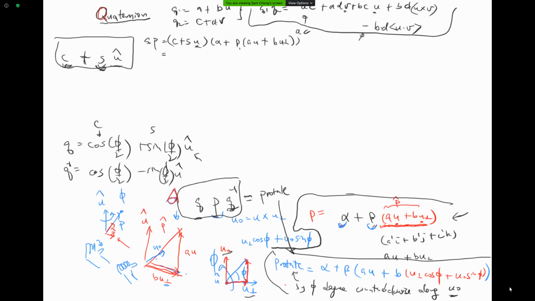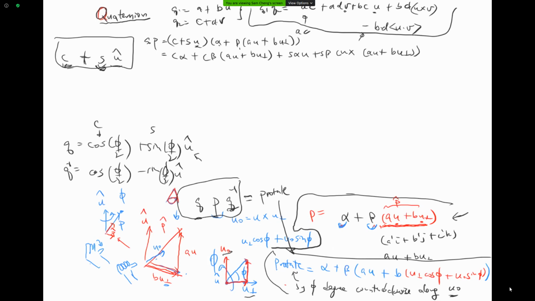Let's see, if I expand that, I have C alpha and then plus C beta, AU plus BU perpendicular, and I have one more term here, let's see, have this multiplied by this is plus S alpha U, and then this multiplied together I have S beta U cross this guy, U cross AU plus BU perpendicular, right?